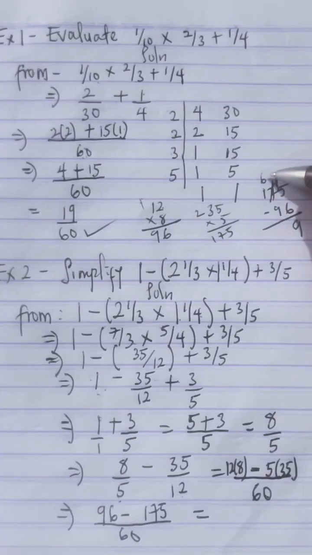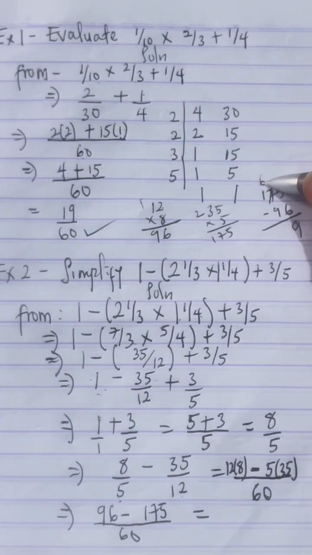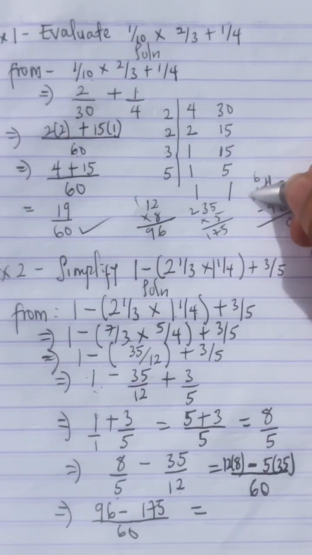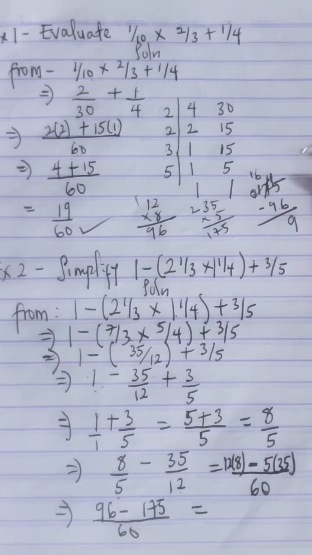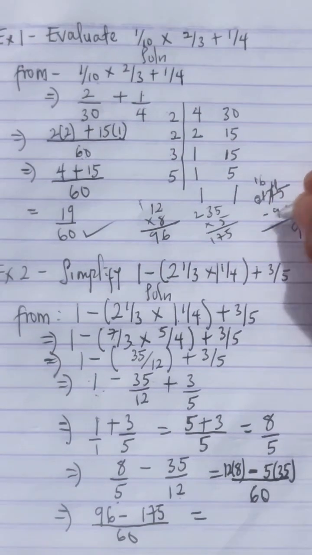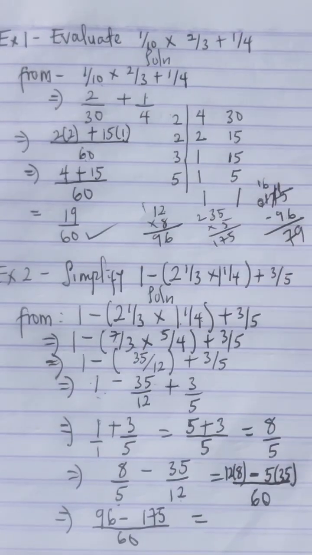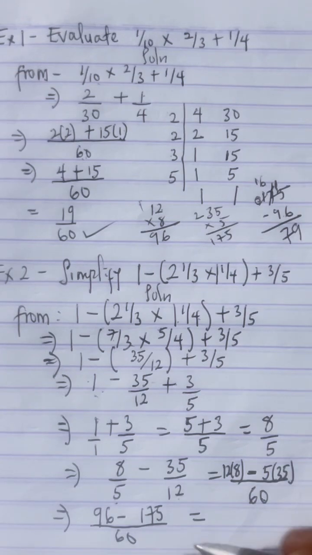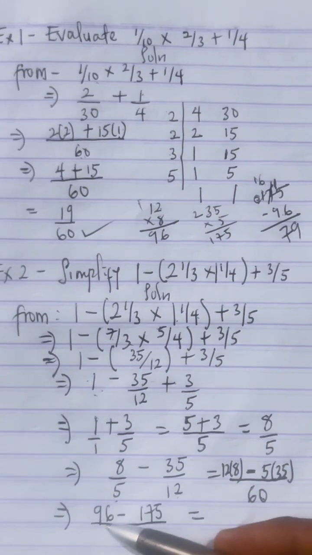Good. So now we have 6 here left. 6 minus 9, is it possible? No, you borrow 1 from here. Make the one here, that is 16, right? So 16 minus 9, that gives us 7. Am I correct? Yes, good. So now we have 79.